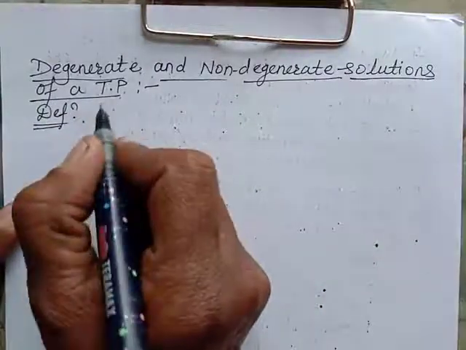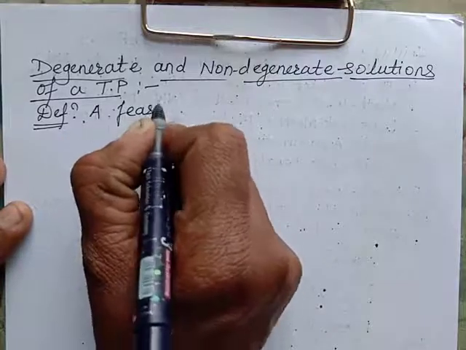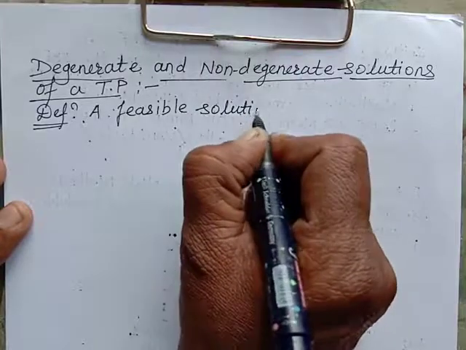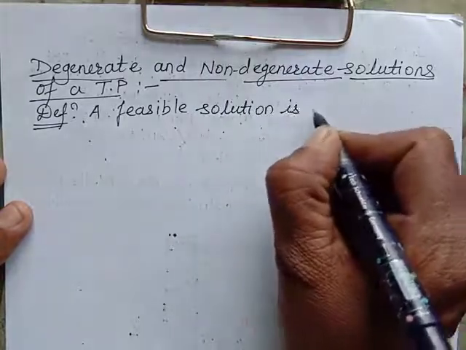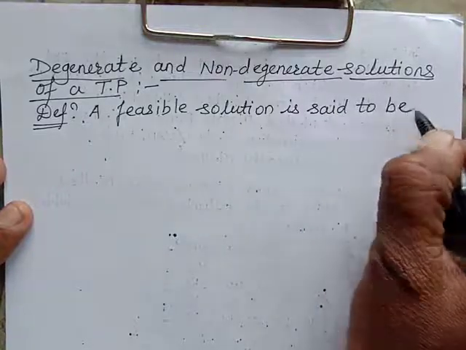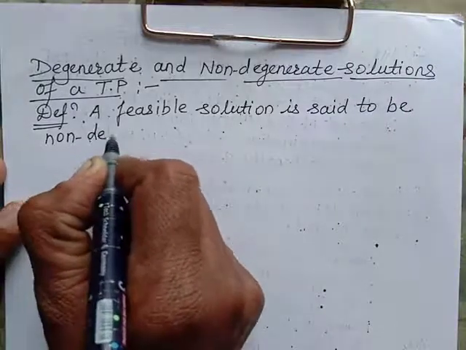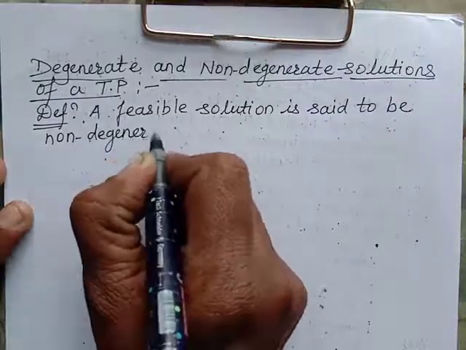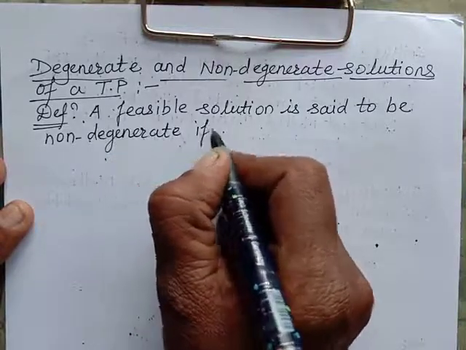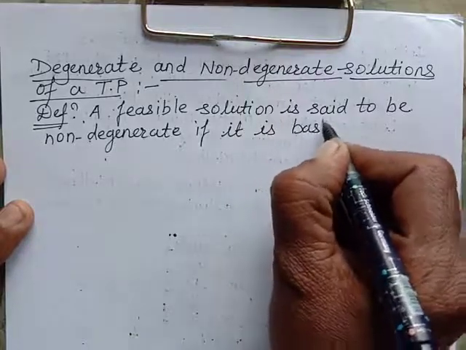A feasible solution is said to be non-degenerate if it is a basic feasible solution.